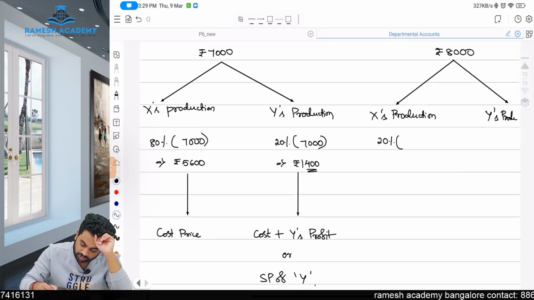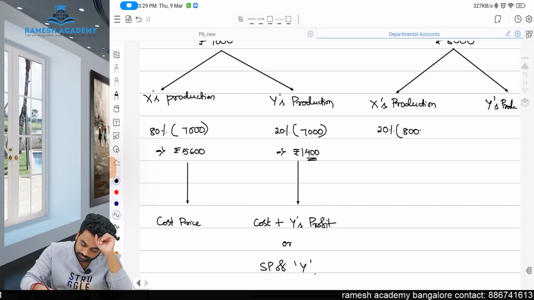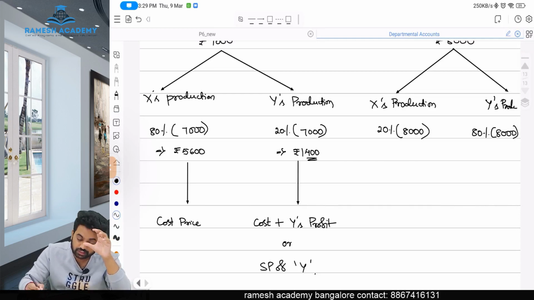How much is the closing stock? 8,000. And 80% is done by that department only.